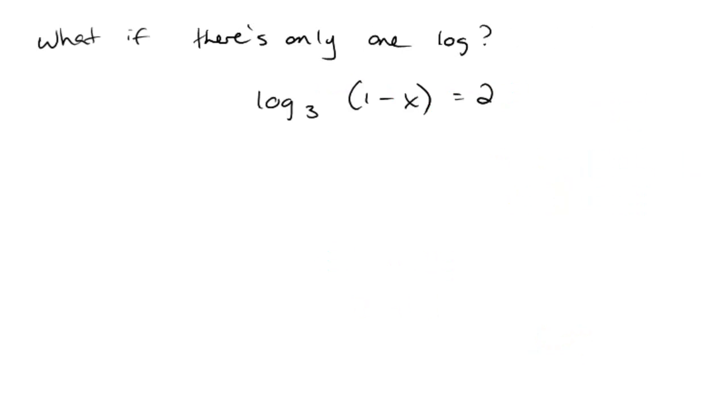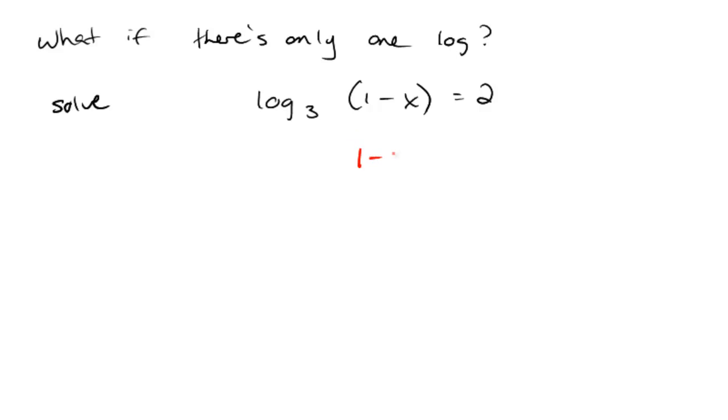So let's take a look at our next example here. We're going to solve the following equation. Note it's log base 3 again, but instead of having log base 3 on the right-hand side, we only have a single number, which is 2. So the way to deal with this one is, again, we want to get the x out of the logarithm, and the way to do that is to rewrite this in exponential form.